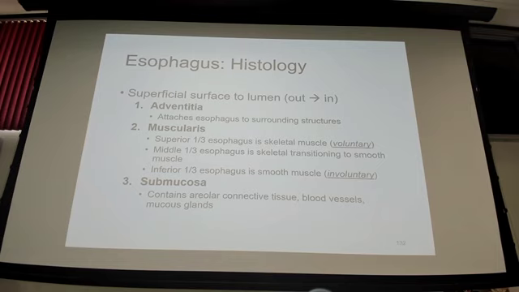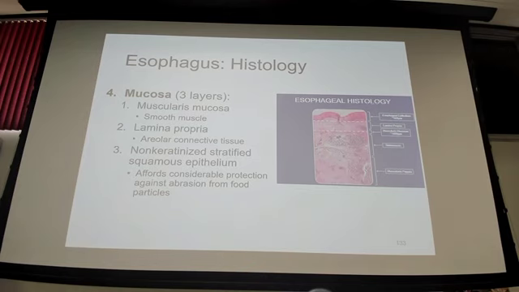Superficial surface, we've done this already. It's the same: adventitia, muscularis, submucosa, and then mucosa, right? And the mucosa is 3 layers. This is the big one that I was talking about yesterday, the different sorts of histologies. Non-keratinized stratified squamous epithelium, right? So layers upon layers of cells.